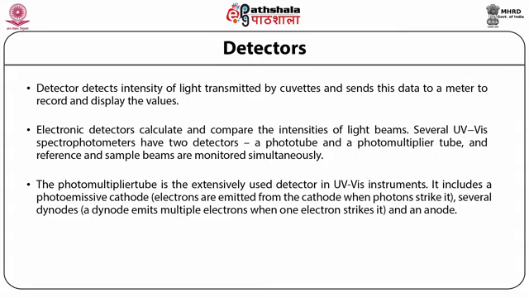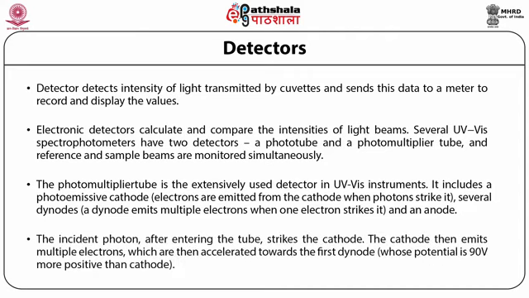It includes a photoemissive cathode, where electrons are emitted when photons strike it; several dynodes, where a dynode emits multiple electrons when one electron strikes it; and an anode.